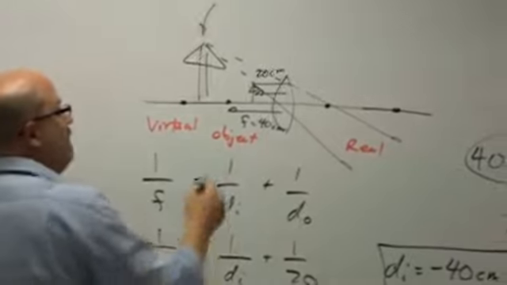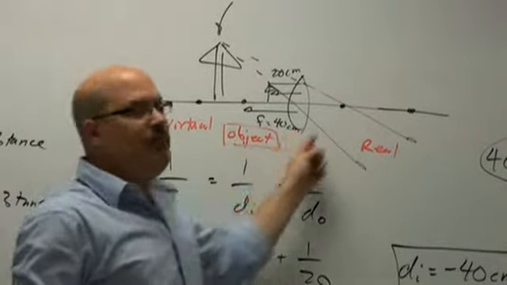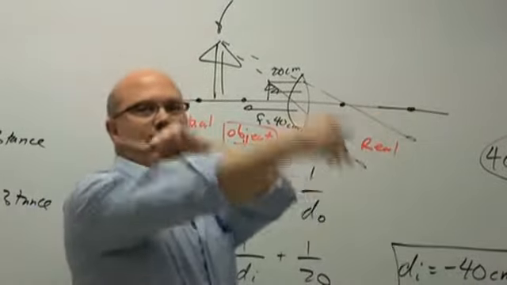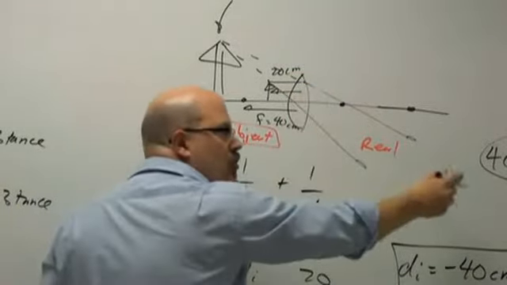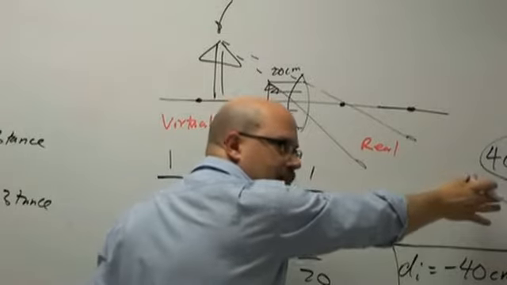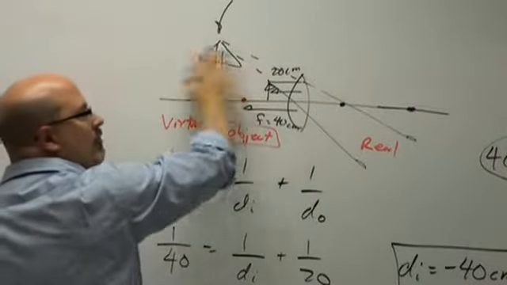If you put your object over here, then everything switches, because a lens lets light through, so real images should be over here and you backtrack to get virtuals over here.